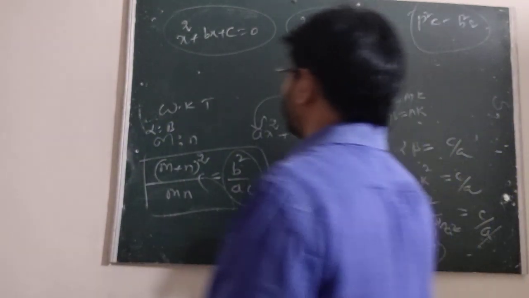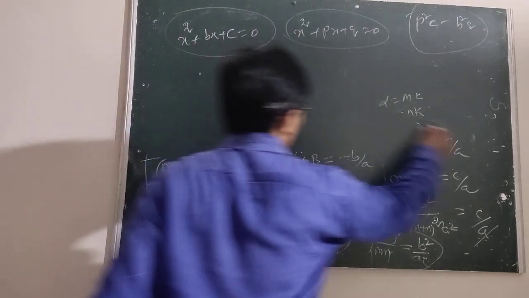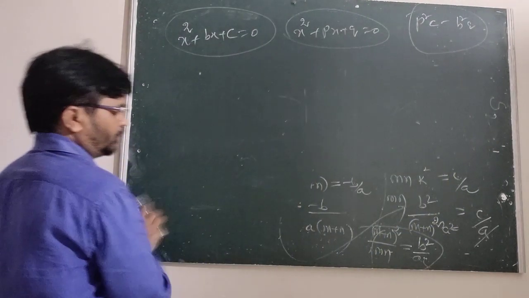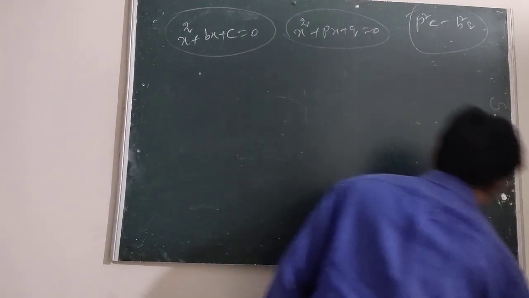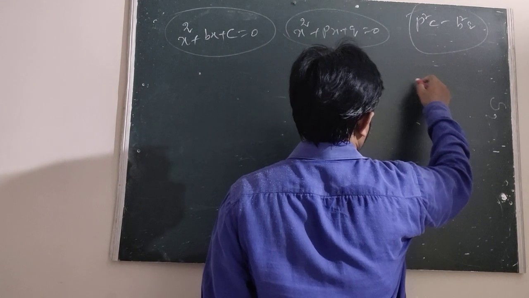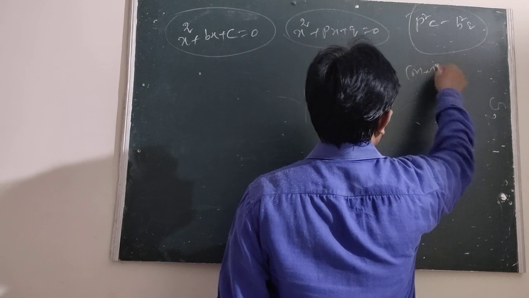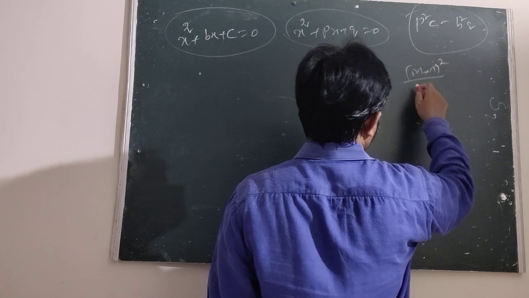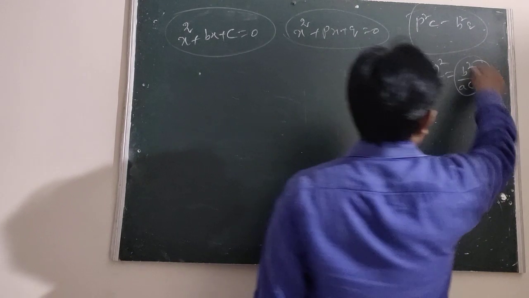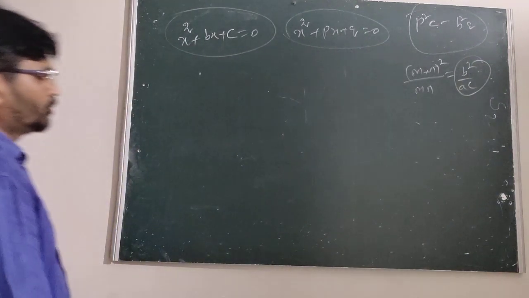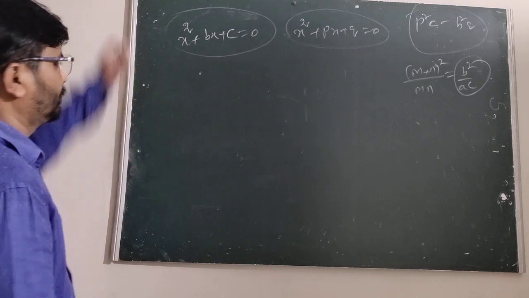Now if the roots are in the ratio m is to n, that is alpha is to beta is m is to n, we know that (m plus n) whole square by mn equal to b square by ac. So here the ratio is the same.